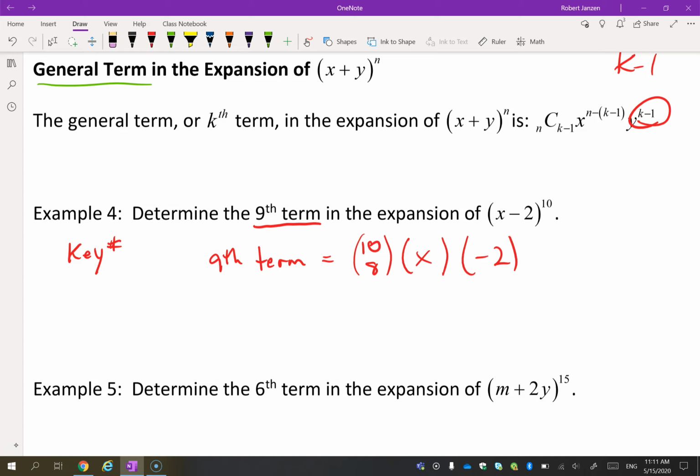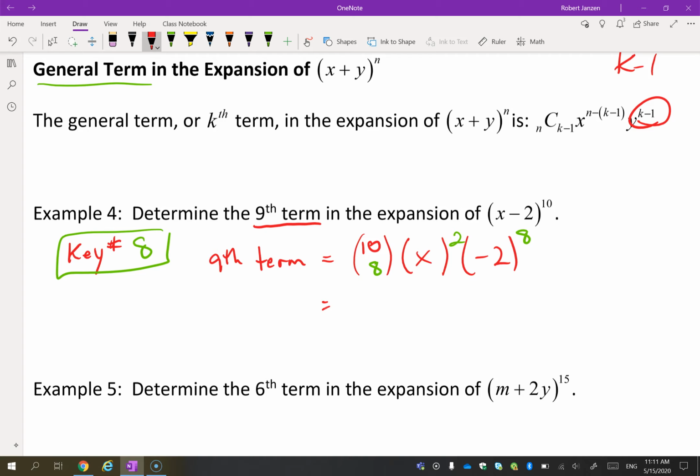Now I want you to notice this. The key number is 8. So the key number goes here, and the key number goes there. So what goes here? Well, we have a power of 10. These two have to add up to 10. And that's it. That's the 9th term. Now we can just simplify this.